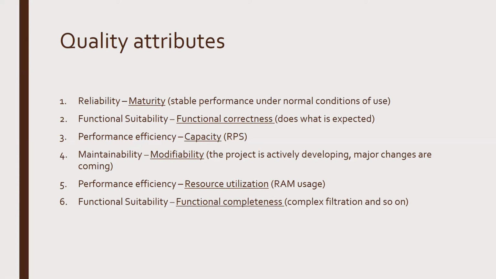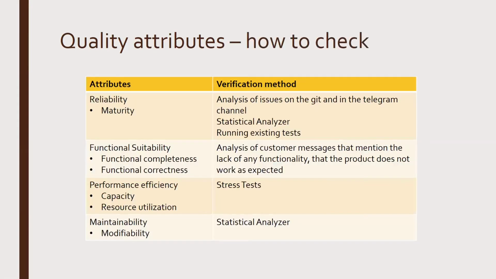And the last one is functional suitability and functional completeness. So we should have some set of functions like complex filtering, joins, and so on, to satisfy client needs. So how do we check these attributes? First of all, about reliability, we try to gather and analyze information about issues in Git and the Telegram channel.